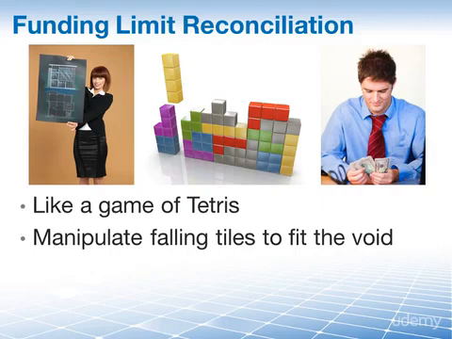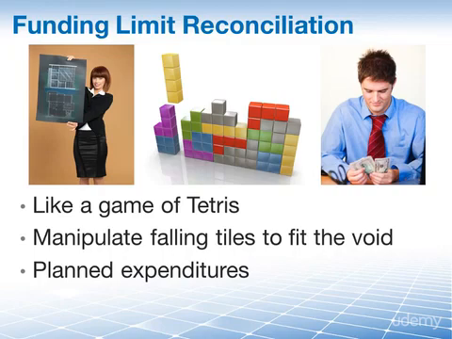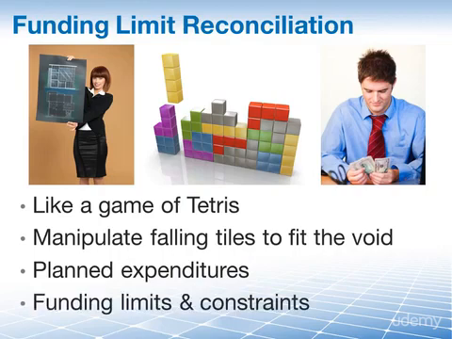Think of the falling tiles as your planned expenditures. These are what you know you will spend on the project. For example, I plan on having to pay for an additional 3 full-time software developers and 1 tester to complete my project. Imagine the tiles on the bottom of the screen are the funding limits and other project constraints.